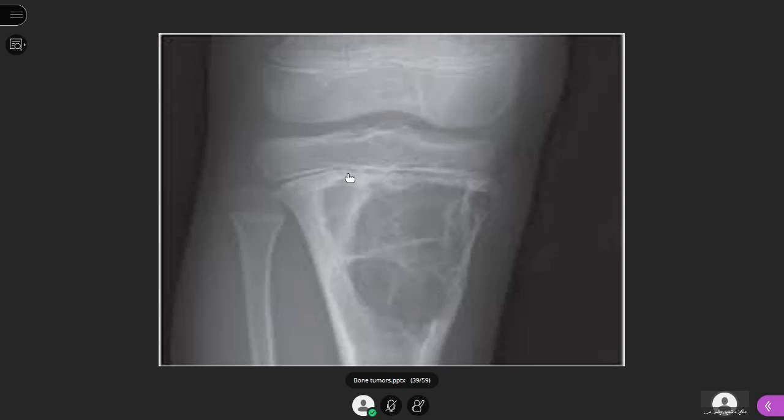See the location. If it is the proximal humerus, most likely again simple bone cyst, if it is with a pathological fracture also. Okay, so these are some points of differentiation.